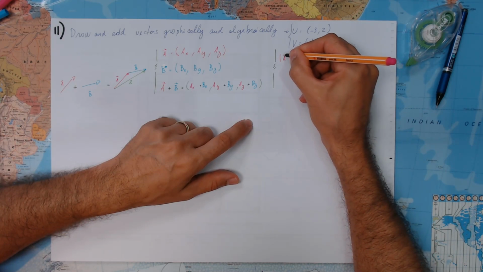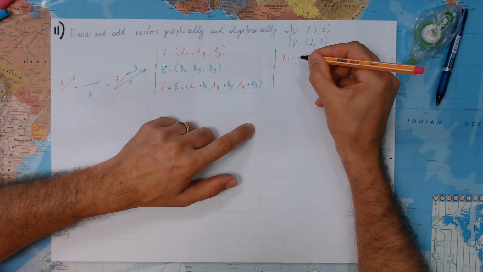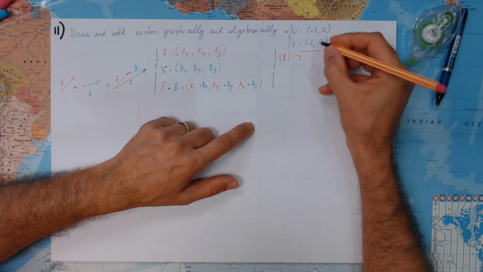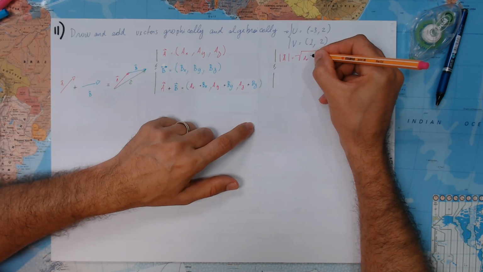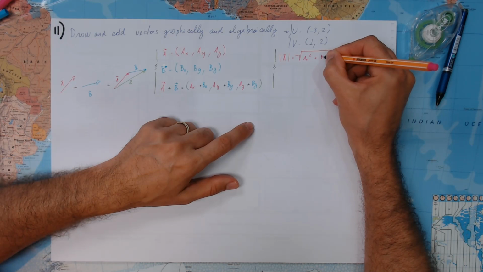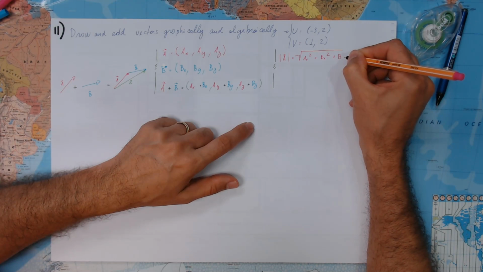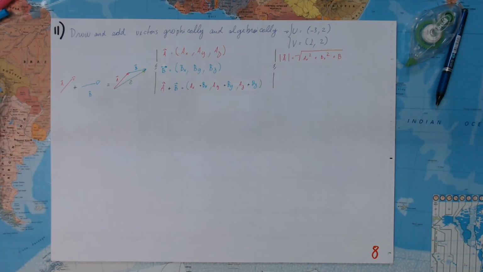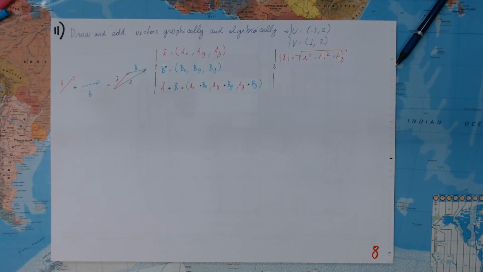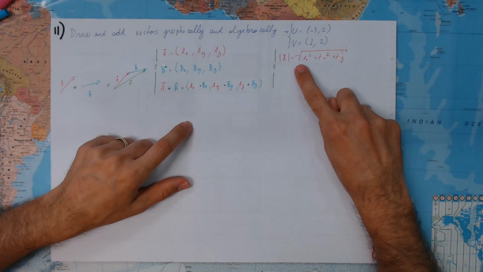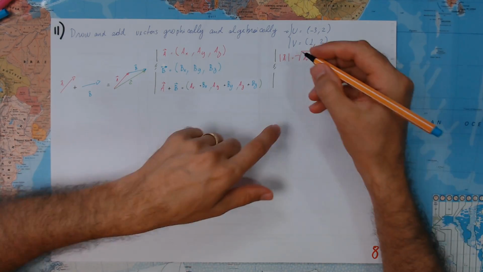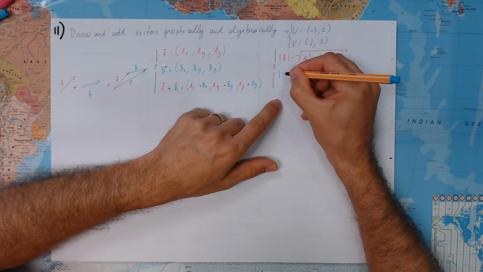The magnitude of that vector is just going to be the square root of ax squared plus ay squared plus az squared. Oops, I'm sorry, everything is a, right? Okay, corrected. So we just take the square root of all the individual components squared.